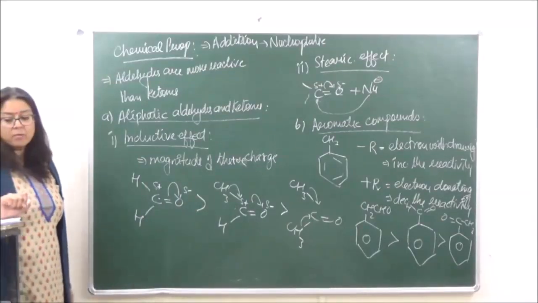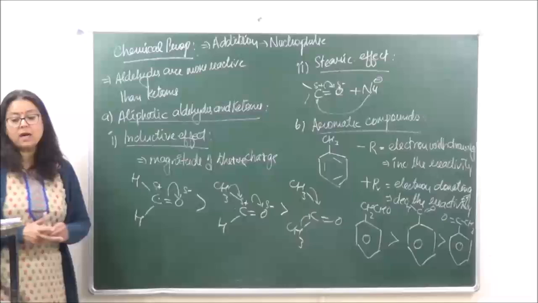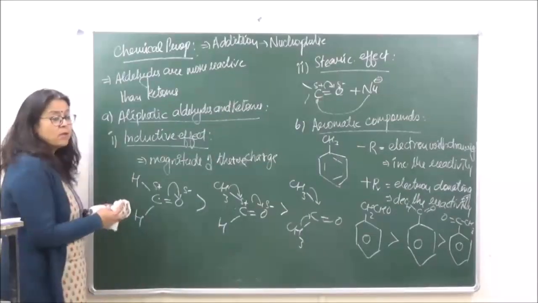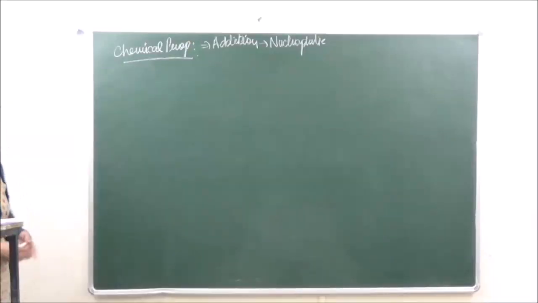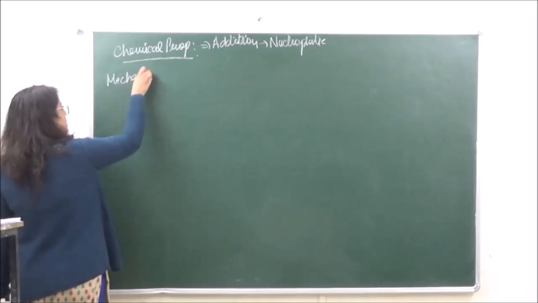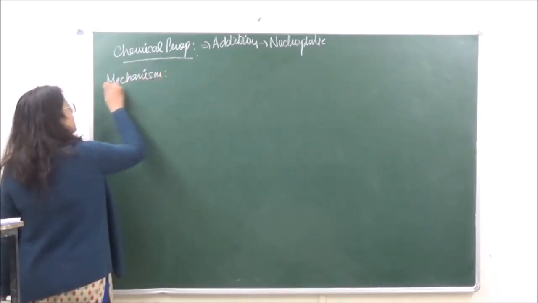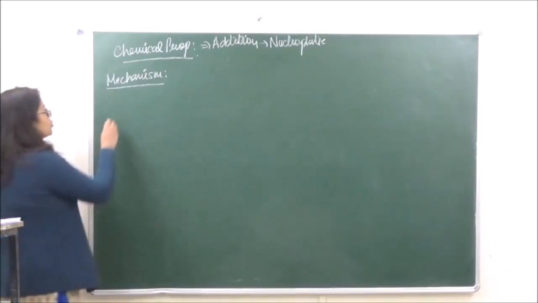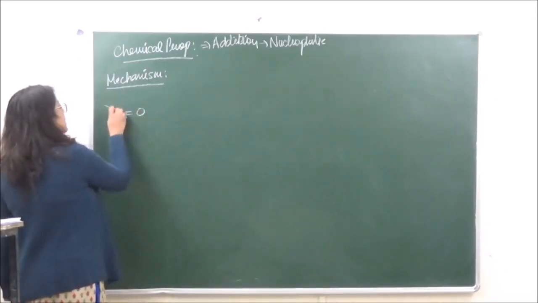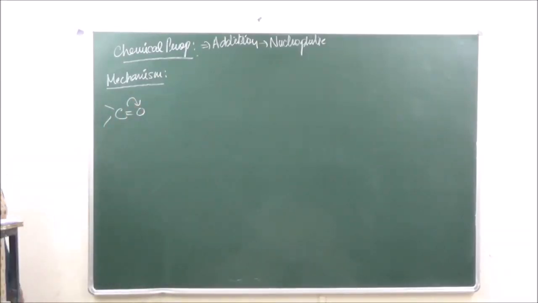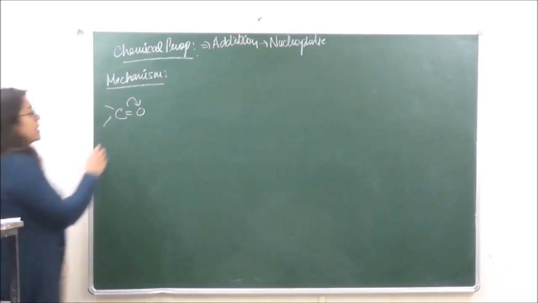So we say that the carbonyl group is a highly polar group. Let's go on to the mechanism of the addition reactions. When we're talking of the mechanism of nucleophilic addition reaction, as I just told you, the carbonyl group is present, and the electrons will be attracted more towards oxygen because of its electronegative nature.